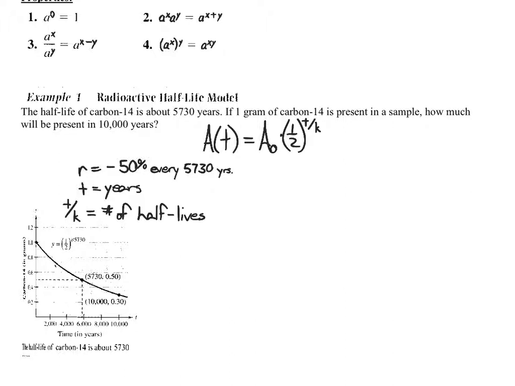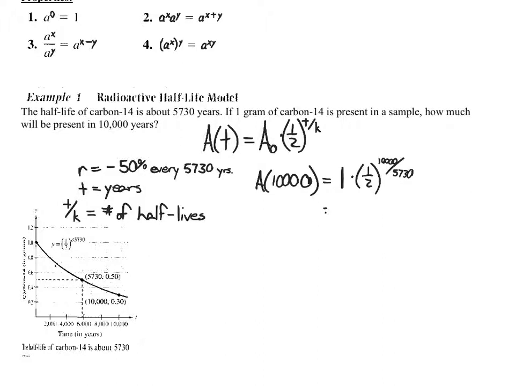So in this case it says how much will be present after 10,000 years? So we're trying to find A of 10,000. Okay? The starting amount is 1 gram. And we're going to multiply a half by T, which is 10,000, divided by K, 5,730.